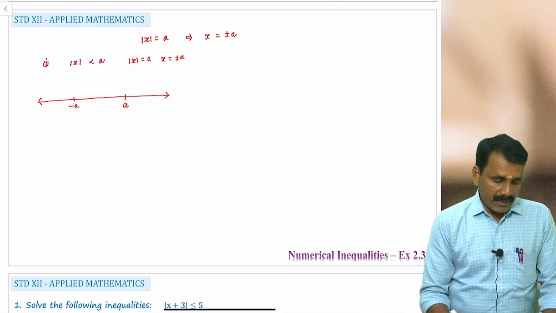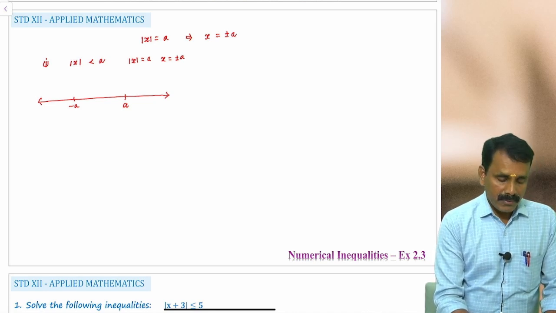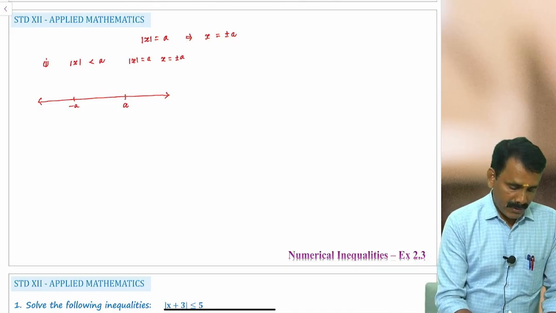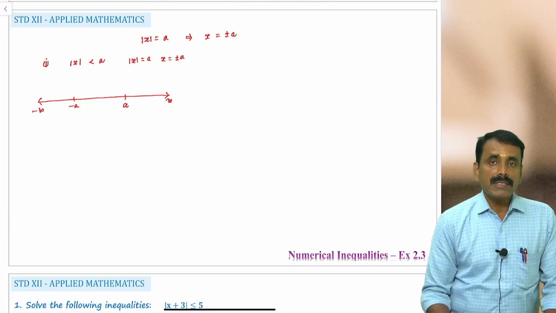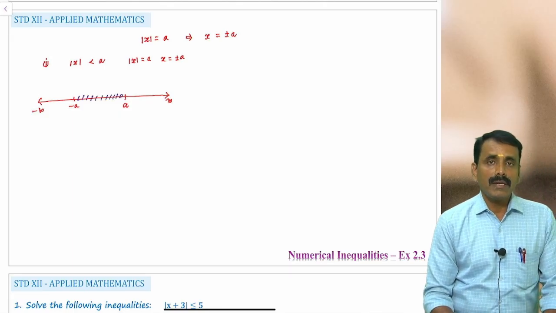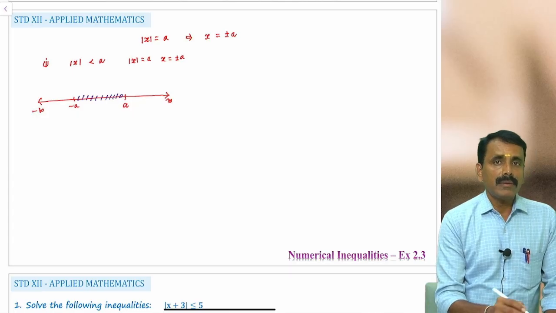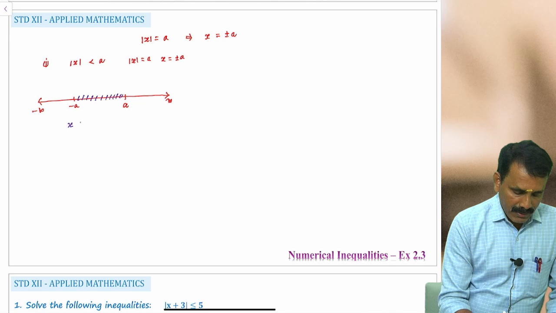Now your answer will lie to the left of minus a, or between minus a and plus a, or to the right of a. Naturally, for mod x less than a, your solution will be between minus a and plus a. Only then will the modulus value be strictly less than a. So your solution set will be x belongs to the open interval minus a to plus a.